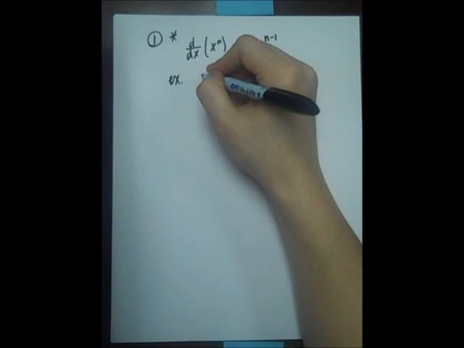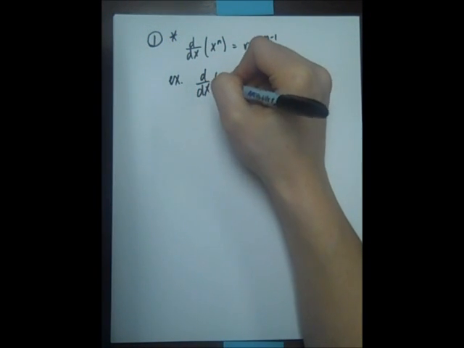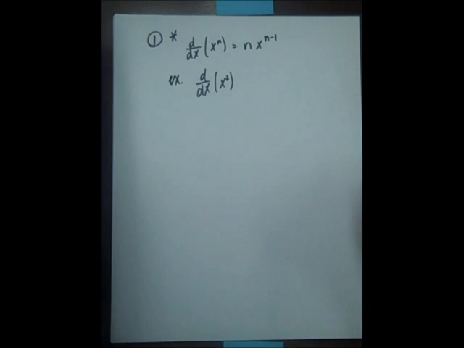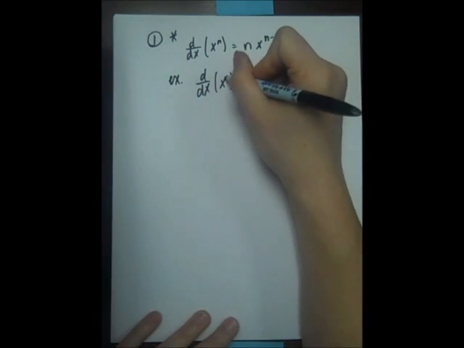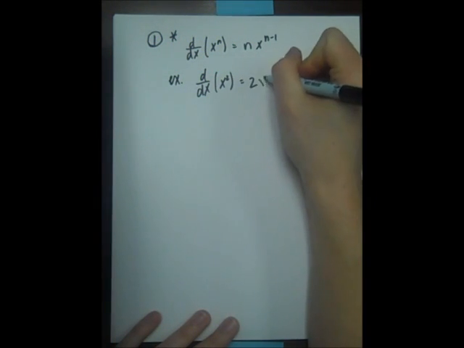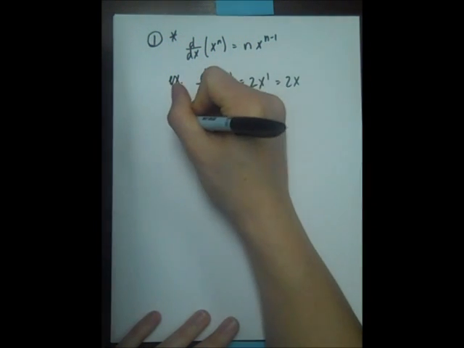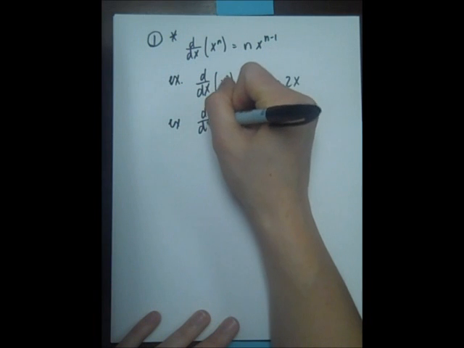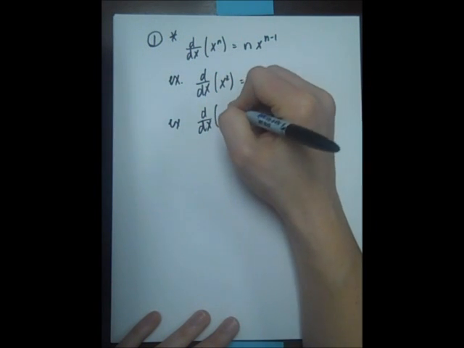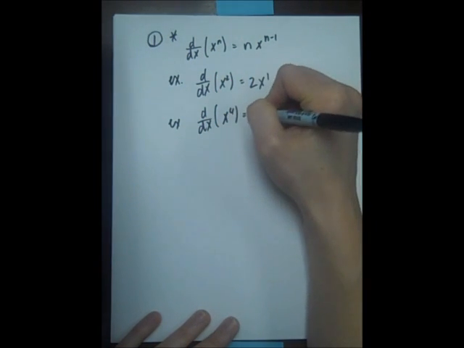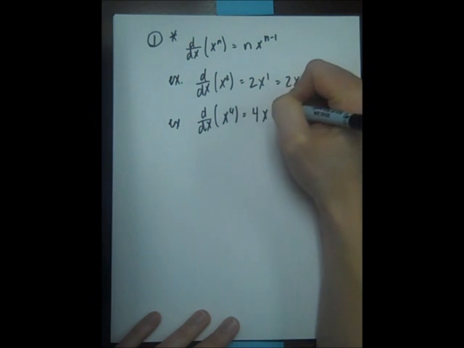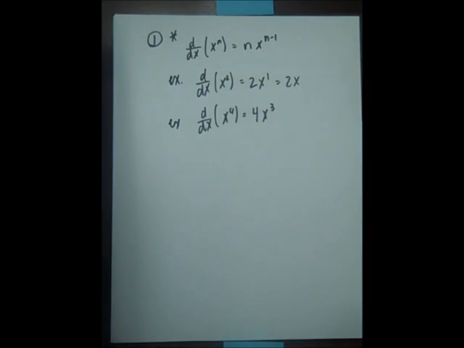So for example, what's the derivative of x squared? So the derivative of x squared says bring down your exponent, subtract 1. So just 2x. What's the derivative of x to the 4th? This says bring down your exponent, subtract 1, so I get 4x to the 3rd.